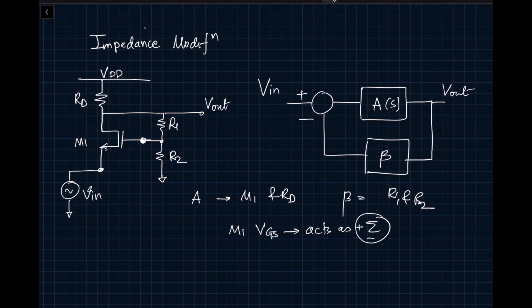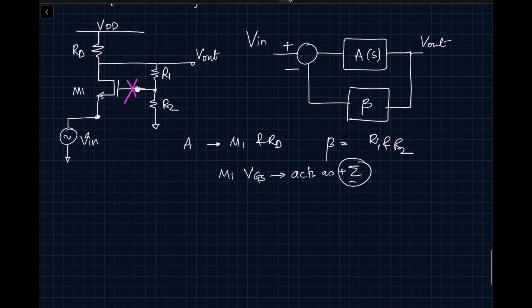Now to analyze feedback, first we break the feedback loop over here. Once you break the feedback loop, this is what our circuit is going to look like. This is V out, and this is RD, V bias, and this is V in. Now we have done this circuit before.